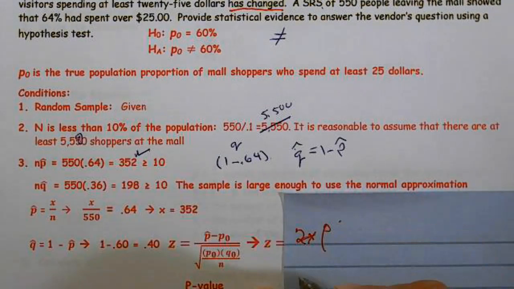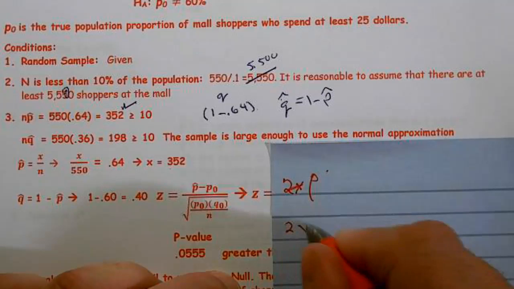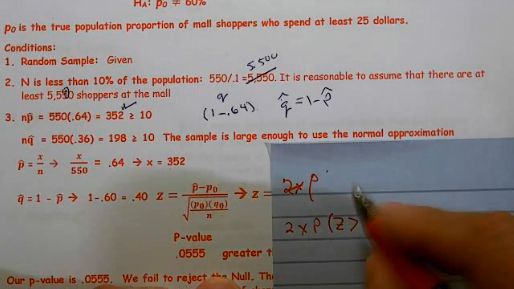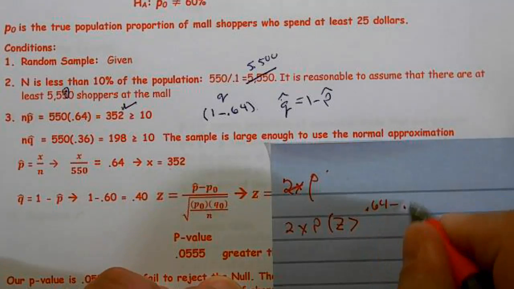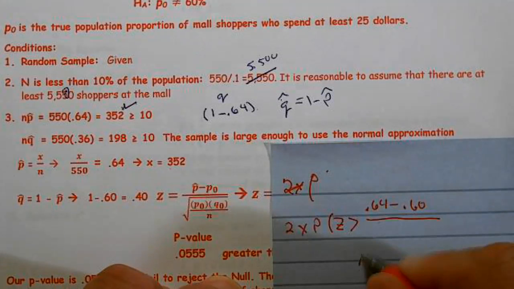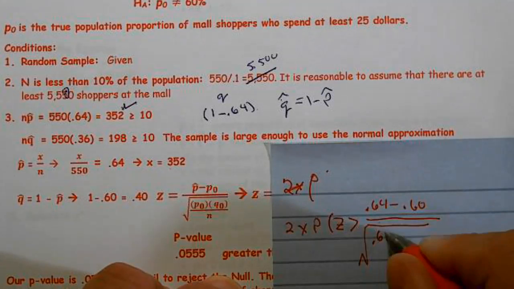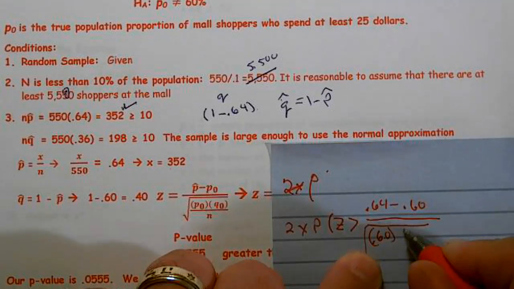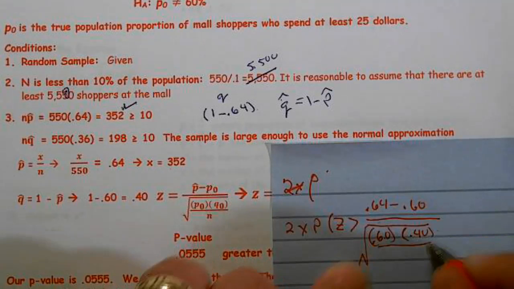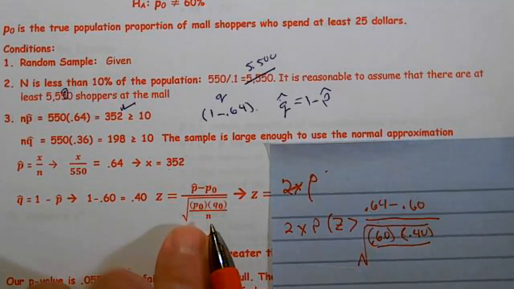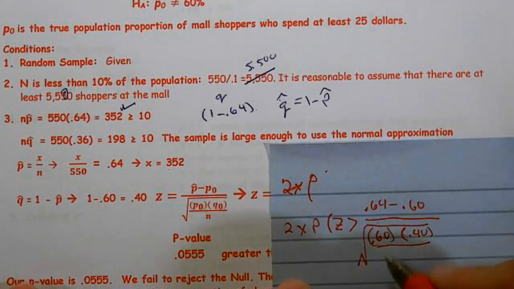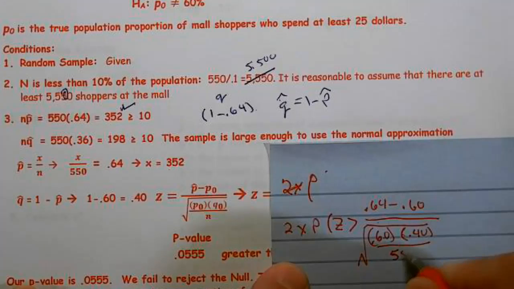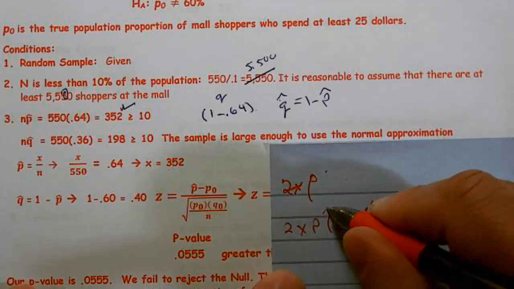Try this again. 2 times the probability that Z is greater than 0.64 minus 0.60 over, I'll be real careful here, because we're using a hypothesis test, this needs to be p naught. It cannot be p hat. Do not use p hat here. You would if it were a confidence interval, but you do not do the same thing when it's a hypothesis test. And our sample size was 550. Okay, so 2 times that.